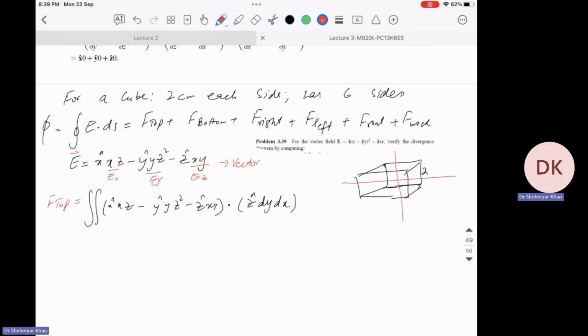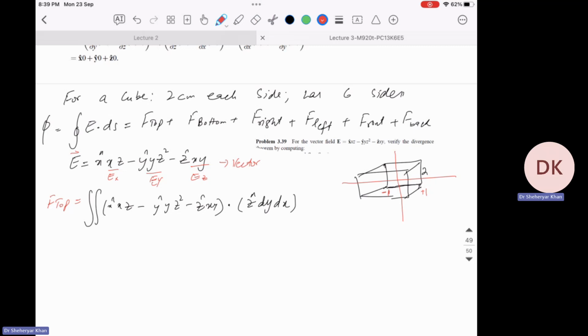I choose axis like this. So that means that -1 is here, +1 is here. You can also choose 0 to 2 as well. -1 to +1 is more symmetrical, so it solves the integral in much easier time than with respect to 0 to 2. But it doesn't matter. We have both solutions.